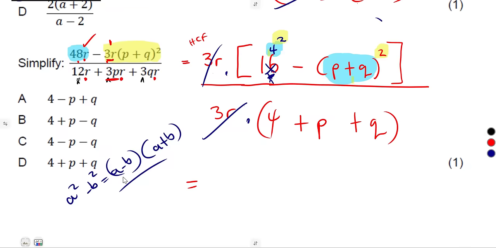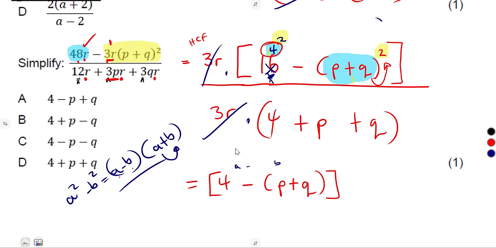So from this, A minus B, A is what? The 4. Minus our B, which is the bracket, this one as it is, the 1 raised to the exponent of 2, which is the bracket of P plus Q. So this is our A, this is our B, A minus B. Okay, so we're just going to put it this way. That's our A minus B. Into what? A plus B.